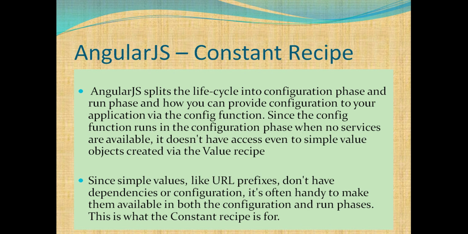Since simple values like URL prefixes don't have dependencies or configuration, it's often handy to make them available in both the configuration and run phases. This is what the constant recipe is for. Let's implement it through code.